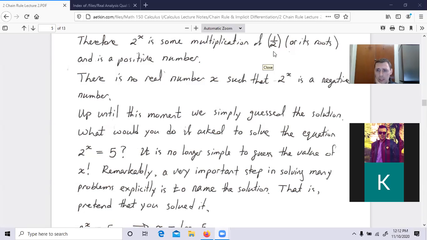But even if you say so, what does the answer mean? You see, guys, what is 2 to the x equal to 5? How would you find this x? What would you do? Well, that's great, Erwin. That's similar. But what does it mean?